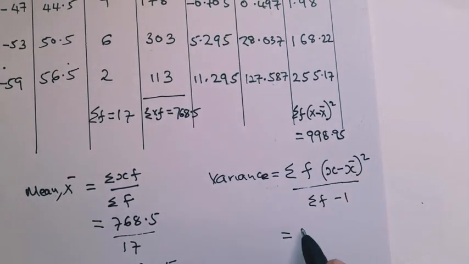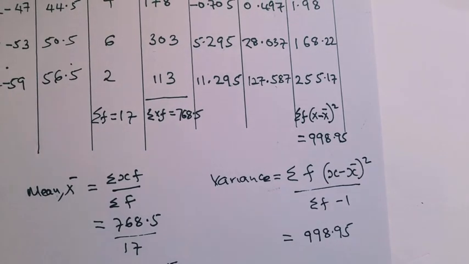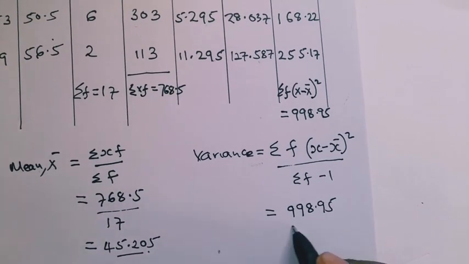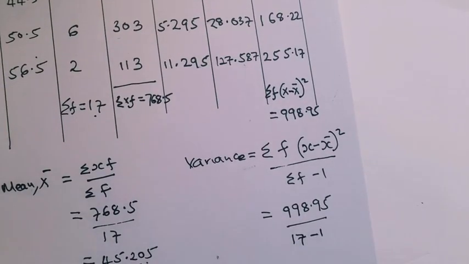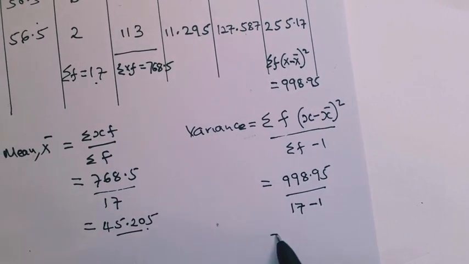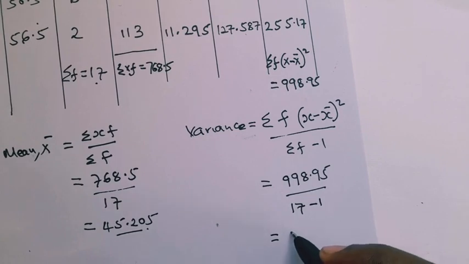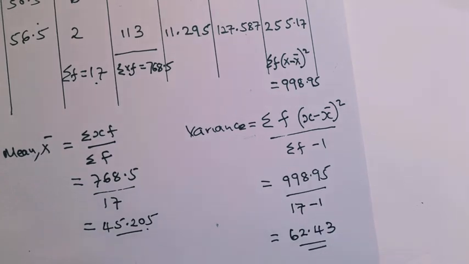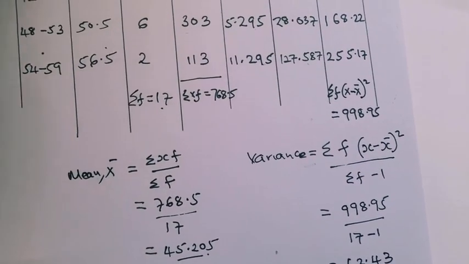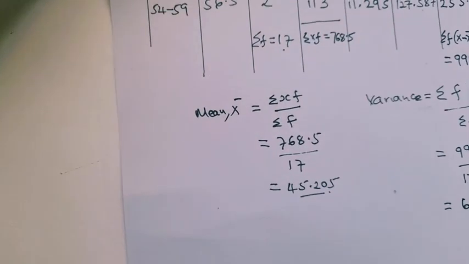The answer here is 998.95 divided by the total frequency 17 minus 1, which gives us 16. So the answer simplifies to 62.43. So 62.43 becomes our variance.